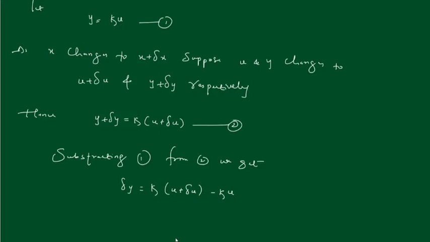So here delta y is equal to, plus ku minus ku get cancelled, only k delta u remains.